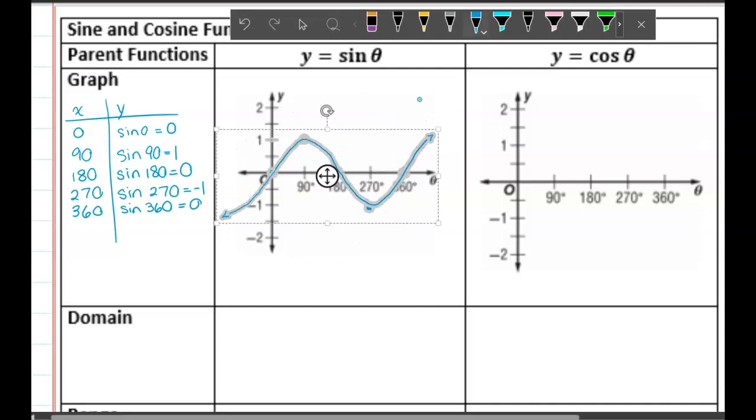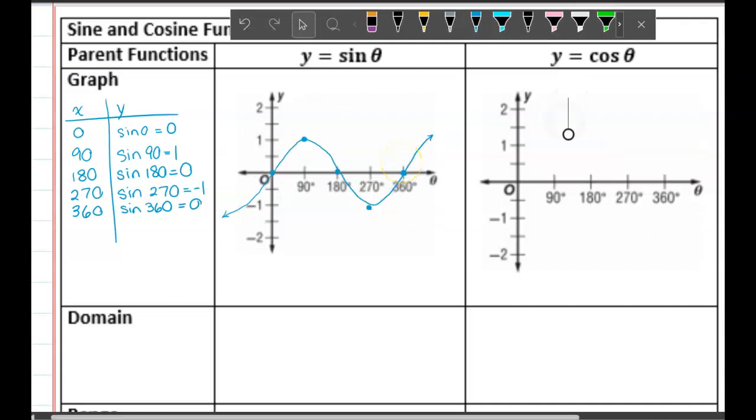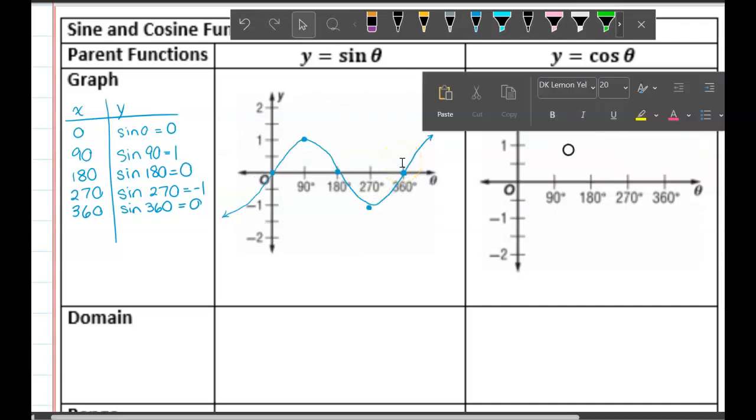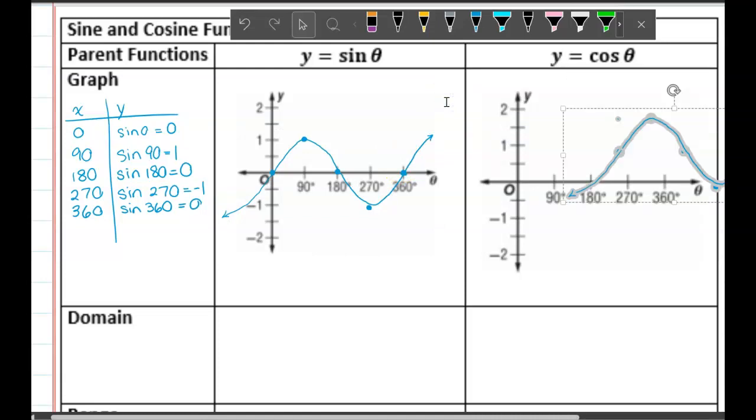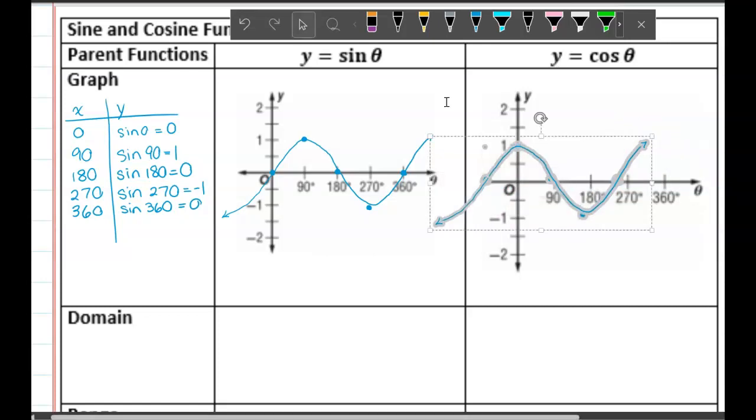The cosine function has the same shape, but it has a different location. So instead of starting here like the sine function, the cosine of 0 is actually 1. So it would be located here.